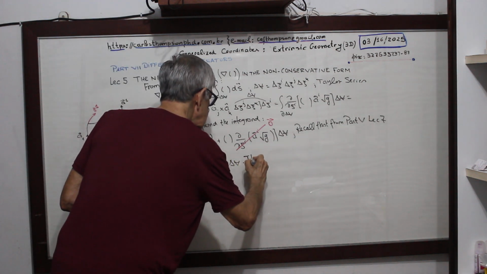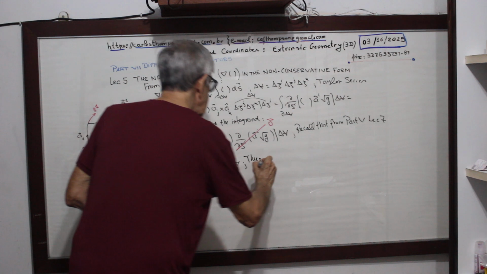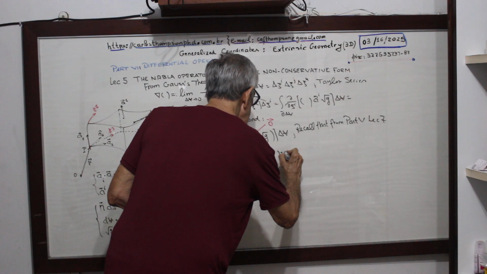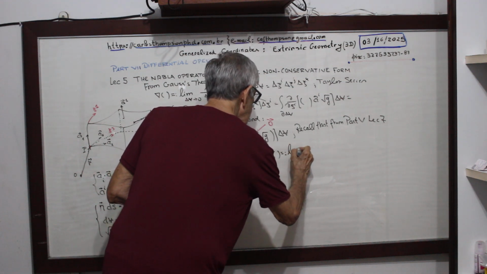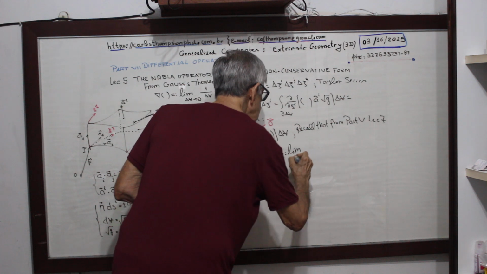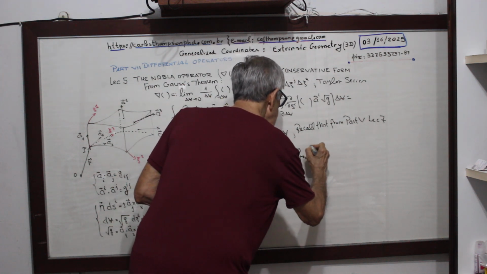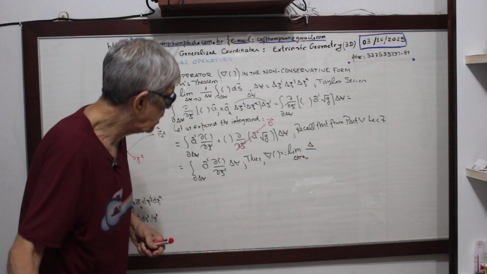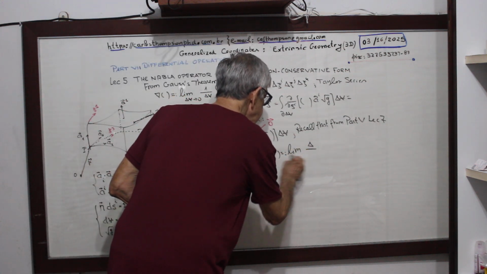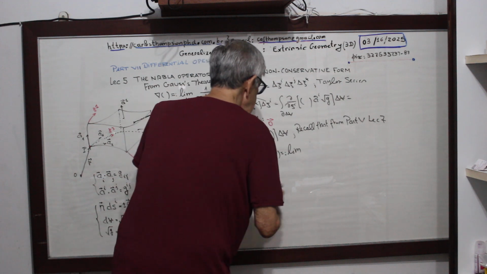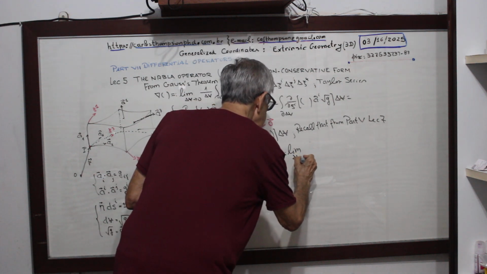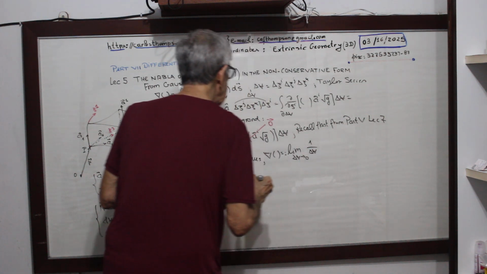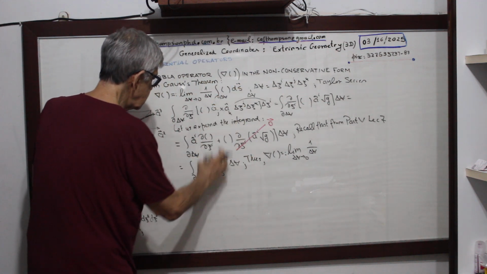Thus, the operator is equal to the limit, as delta V goes to 0, of 1 over delta V. Now I'll substitute this over here.